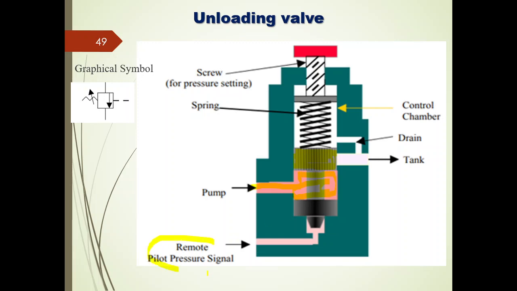Once you apply the pilot signal here, which will act at the bottom of this poppet, the whole piston will move in the upward direction. Once it moves upward, I will have enough space to move the hydraulic fluid from the pump port to the tank port, that is from this end, right? So this is about the unloading valve.